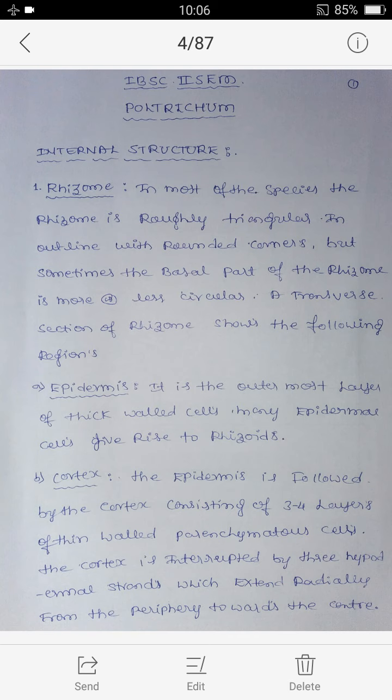A transverse section of the rhizome shows the following regions. First, epidermis. The epidermis is the outermost layer of thick walled cells. Many epidermal cells give rise to rhizoids.